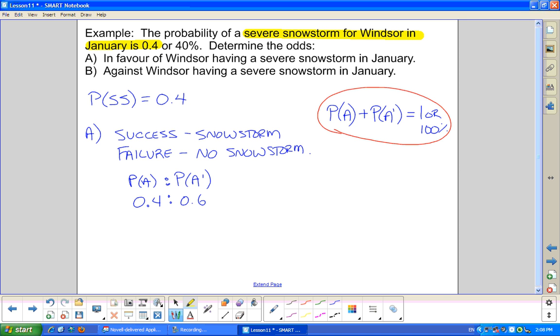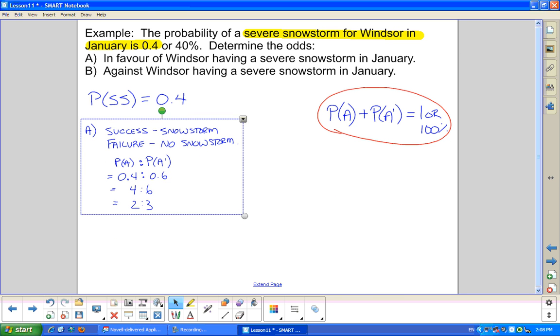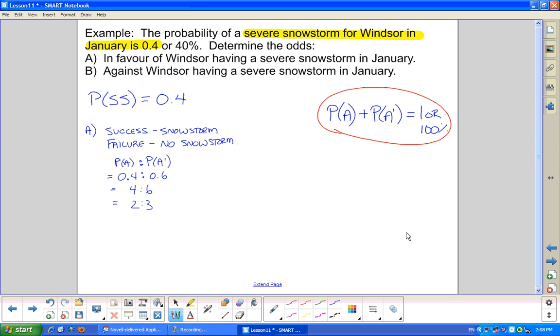They'll likely write it without decimals, so 4 to 6, and then they'll reduce the ratio, like reducing a fraction to lowest terms. So if in the back of the textbook they have 0.4 to 0.6, you're absolutely correct, but they're more likely to have 2 to 3 odds on the probability of having a snowstorm in January. And don't forget your therefore statement afterwards.